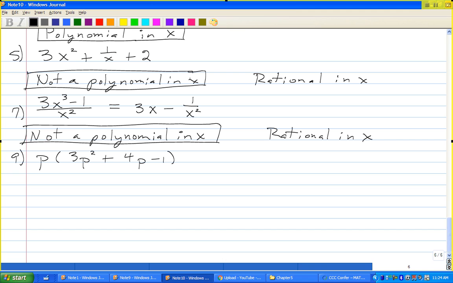So if you look at this, this is just going to be 3p cubed plus 4p squared minus p. And, well, again, this consists of 3 terms. Each term consists of some coefficient, some number, times p to some whole number exponent. So this is a polynomial in the variable p.